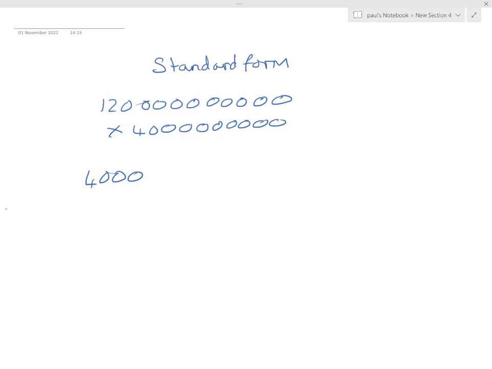Now, the standard form number is written this sort of way. It's 2 times 10 to the 6. This is always 10 to the something, and the 6 tells you how many times this is going to be multiplied by 10. So this will be 10 times 10 times 10 times 10 times 10 times 10, 6 times.